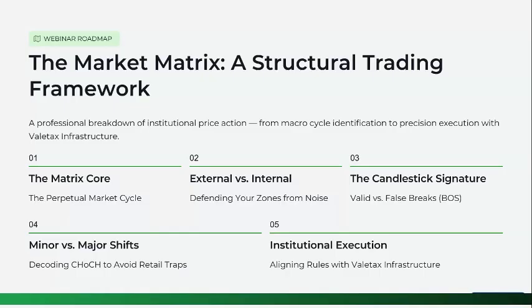Understanding the perpetual market cycle that repeats across all time frames. External versus internal zones, how to protect your trading zones from market noise and false signals, candlestick signatures, spotting valid breaks, minor and major shifts in structure, and of course, institutional execution.